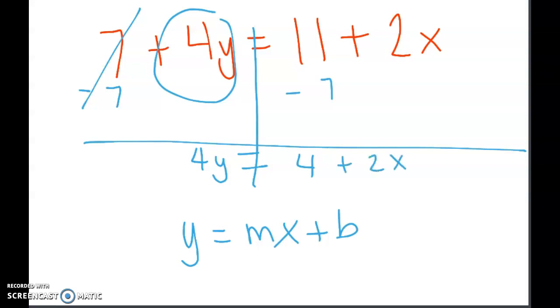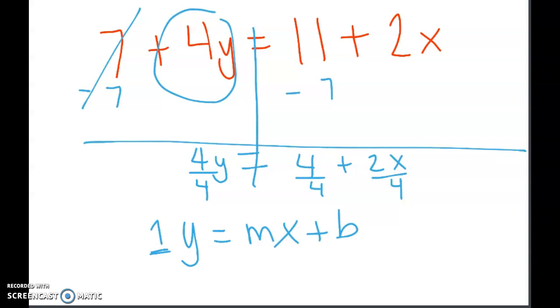Now, if you notice, this y doesn't have a coefficient of 4 in front of it in our standard equation. So the last thing that we'll have to do is divide by 4 so that we can get just 1y left. If we divide the left side of the equation by 4, we have to make sure that we divide every other term by 4 to keep our equation balanced.